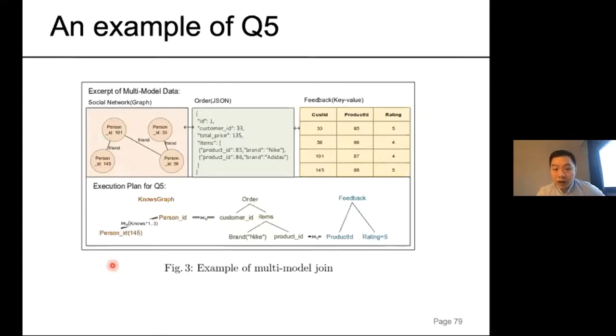So Q5 is to find the 3 hop friends of a given person with both orders in brand Nike, and then the feedback should have the 5 rating.